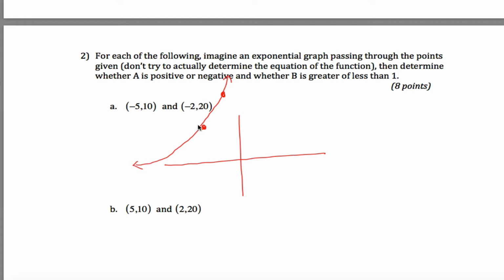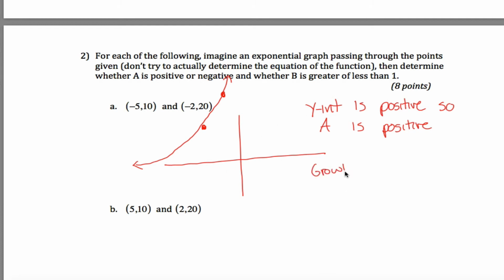An exponential function that looks like this, note that the y-intercept is positive, because when I cross the y-axis here, I'm way up here. So that tells me that a is positive. As I read this from left to right, it's going up. It's growing, it's getting bigger.